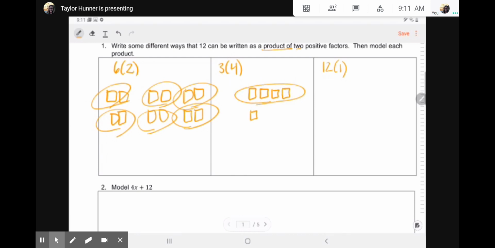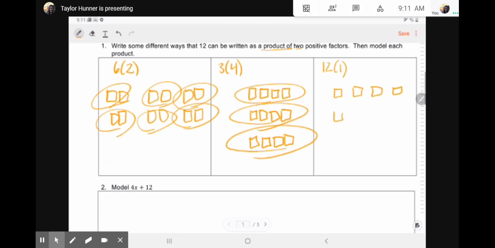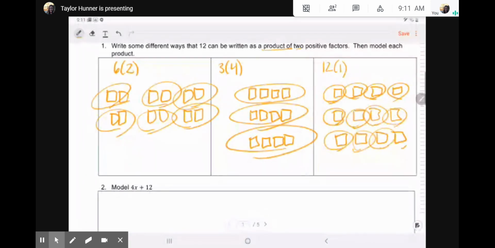That's one group. 1, 2, 3, 4. 2 groups. And then another 4. That's 3 groups. For 12, I still want to show 12 tiles, but I want to break them up so that it's just a group of 1. So that's 12. So then I'm just going to show this is actually 12 groups of 1.